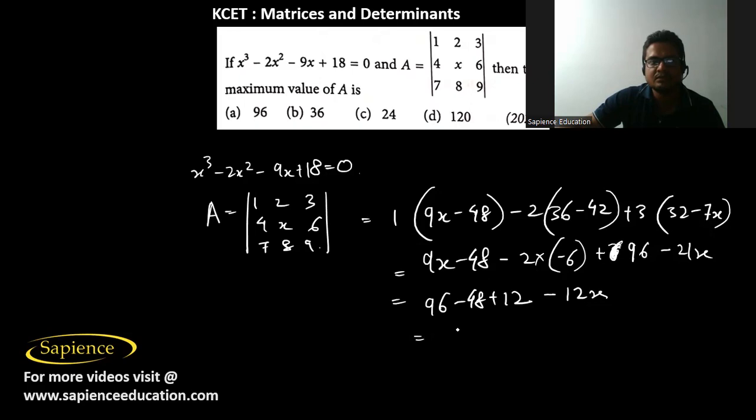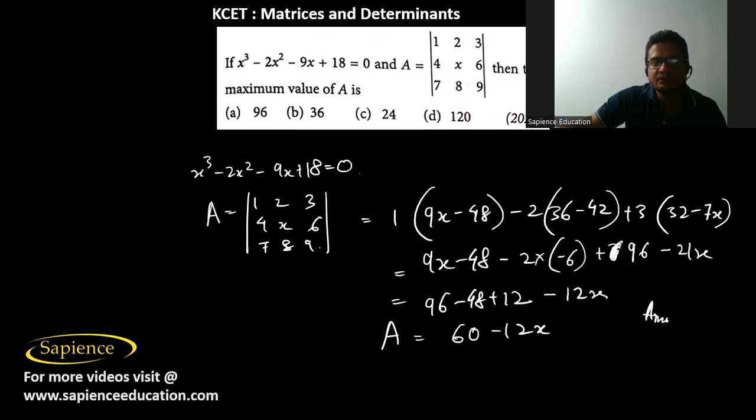So 96 minus 48 is 48, 48 plus 12 is 60, so A is equal to 60 minus 12x.